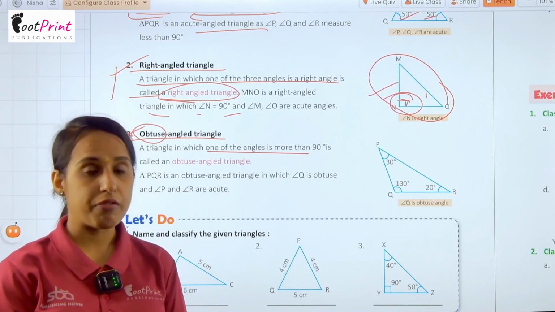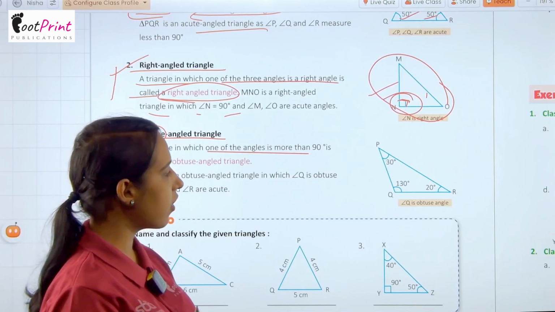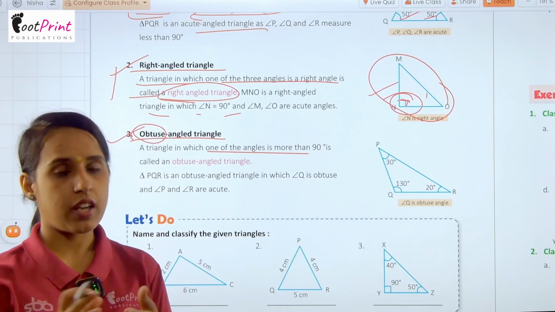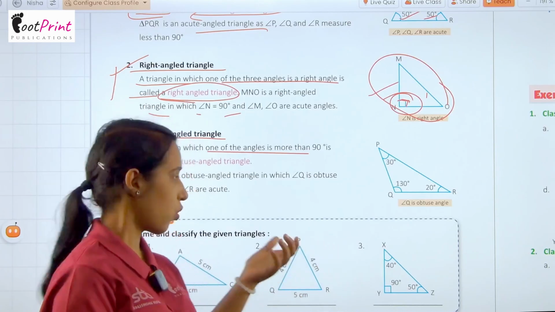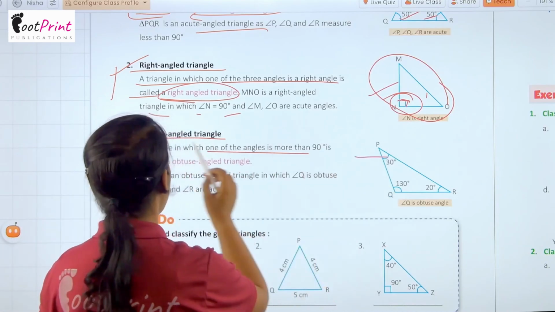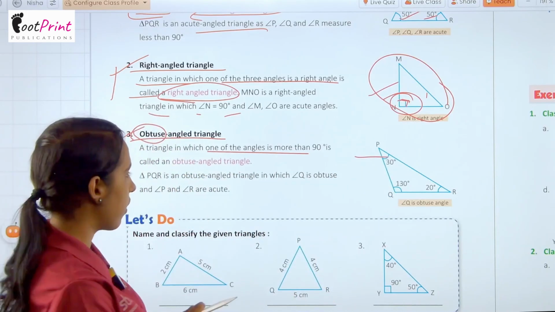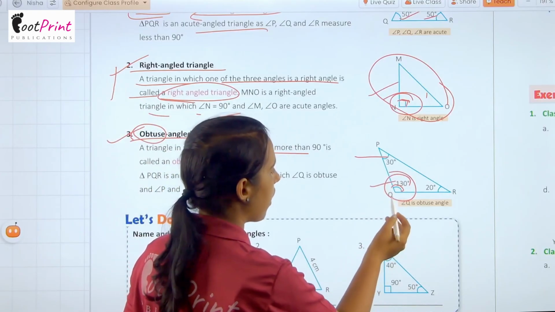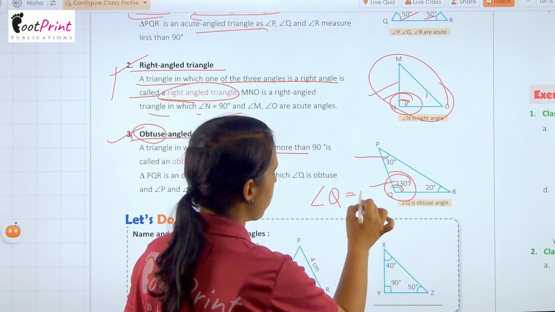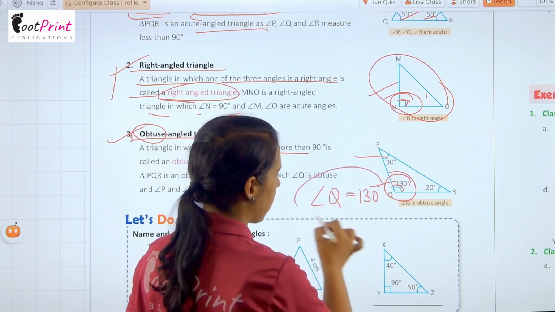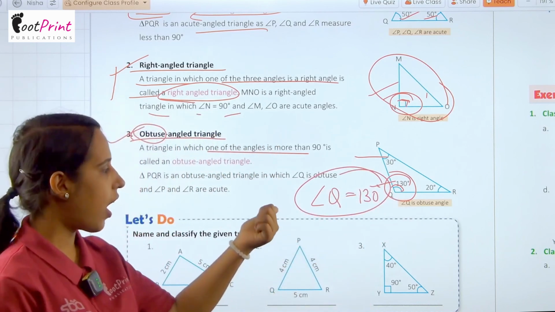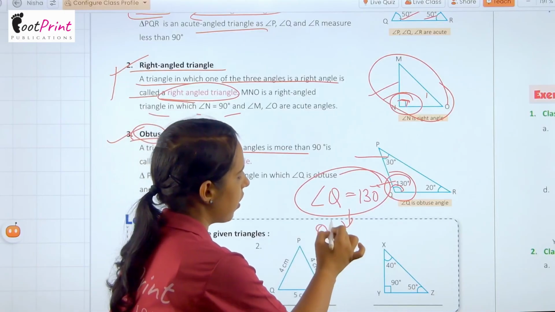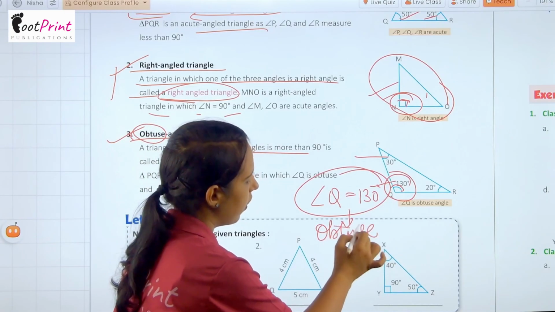So in a triangle, if we have one angle that is more than 90 degrees and less than 180 degrees, then that triangle represents an obtuse angle triangle. Here we can see one angle, angle Q, is equal to 130 degrees. That is more than 90 degrees and less than 180 degrees. It means we can say that one is an obtuse angle triangle.